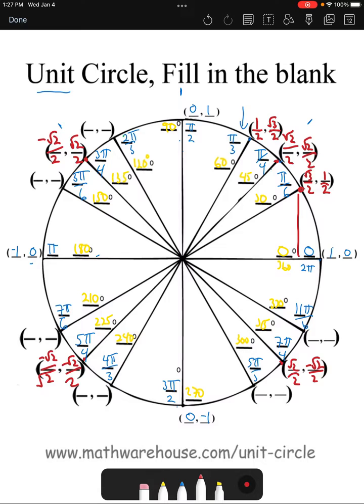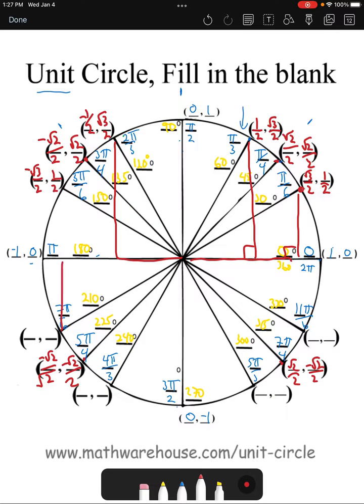Because if I draw the triangle out, you can see these triangles are just flipped. The short leg is now 1/2, the long leg is radical 3 over 2. So if I go over into this quadrant, it's now negative 1/2, up radical 3 over 2, and then negative radical 3 over 2, up 1/2.